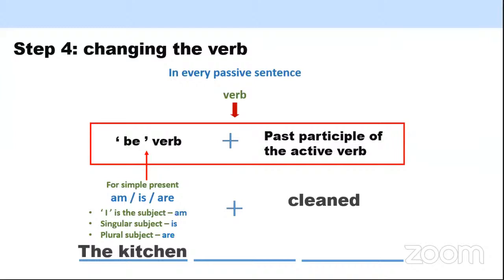The kitchen is singular. So there you have to use is plus past participle of the active verb, is cleaned. Okay, I think this step is clear to you.